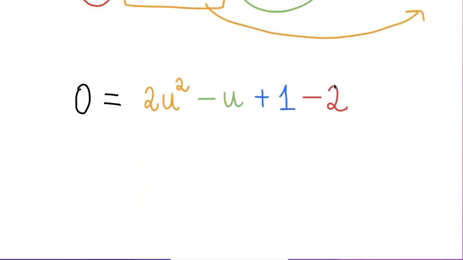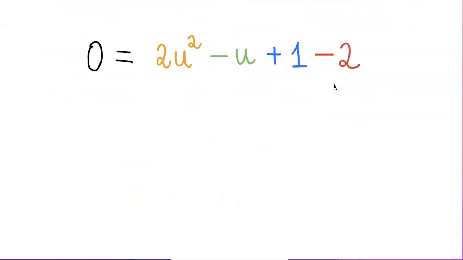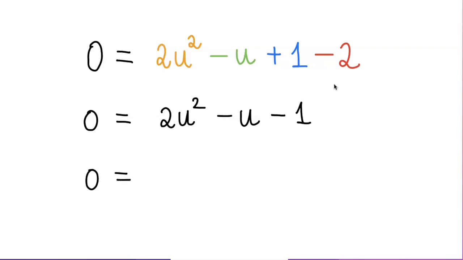But let's go ahead and simplify this to see if we can factor it. So 0 equals 2u squared minus u, and these two combine to negative 1. Let's factor this. And factoring in pre-calculus, you guys already know your own method, right?